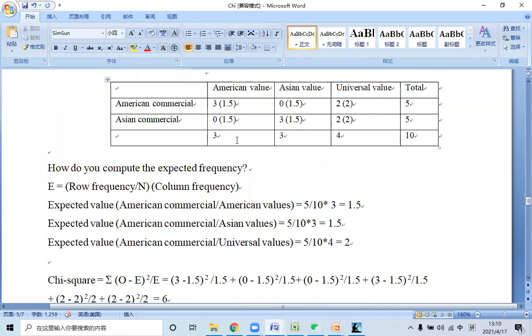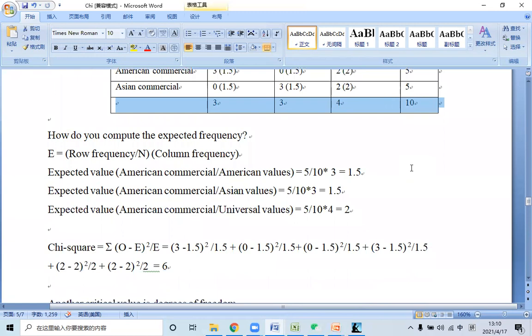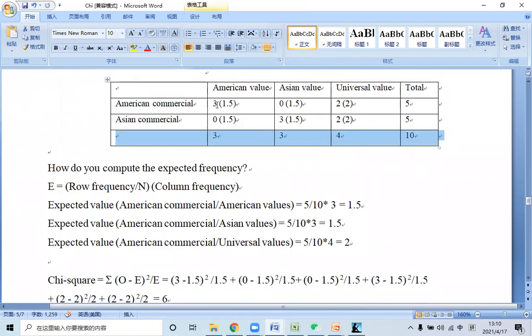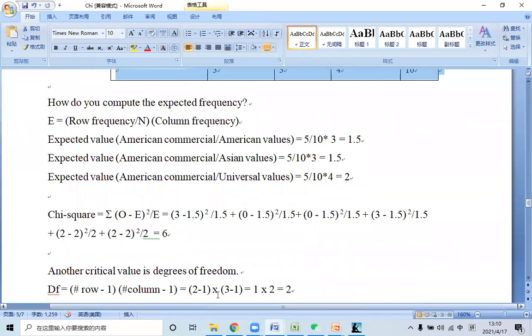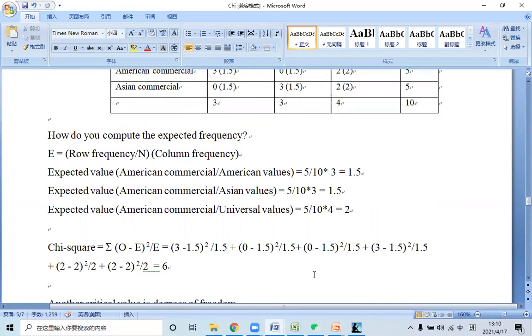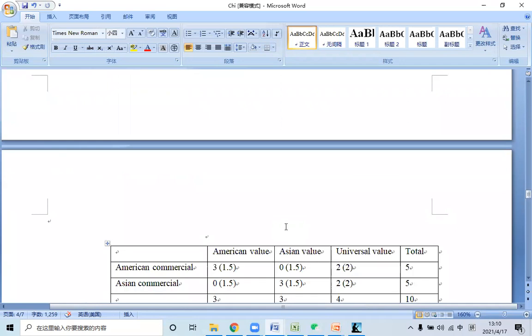You don't take the sum. This is not included in the number of rows. In the row data, you have 2 rows, American commercials versus Asian commercials. That's the number of rows. You take that minus 1 and times the number of columns minus 1.